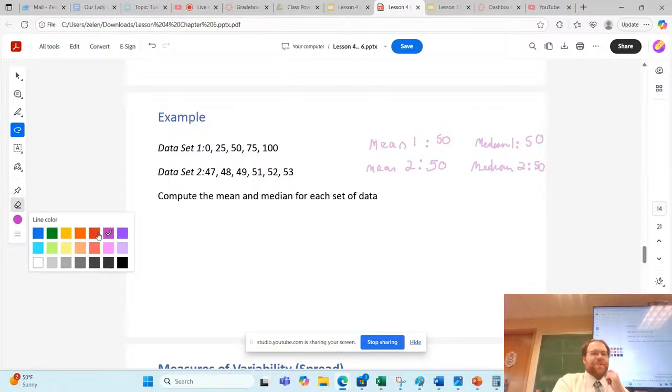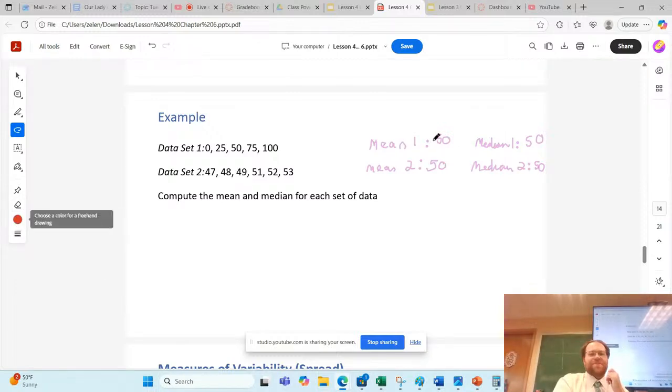So the question here, because it's kind of strange that they all were 50, is in which one are the numbers more spread out? The first one. So we're going to talk about something here in a second called standard deviation.